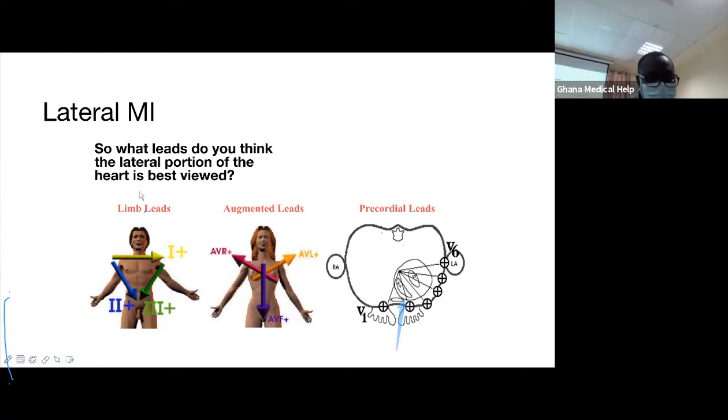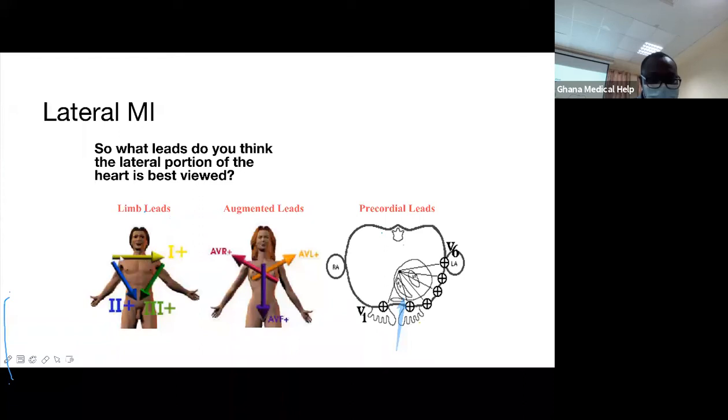I asked about limb leads. These are what we call limb leads: lead 1, lead 2, lead 3, or Roman numerals I, II, III. The next group is the augmented limb leads: AVL, AVF, and AVR. And then you have the precordial leads. In terms of the limb leads, which of them look at the lateral aspect? It is lead 1.